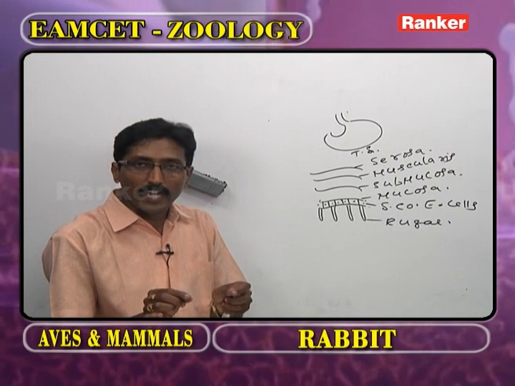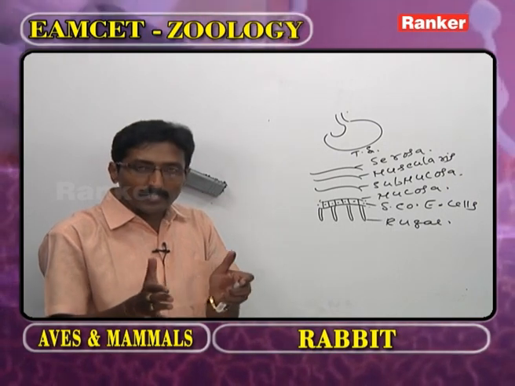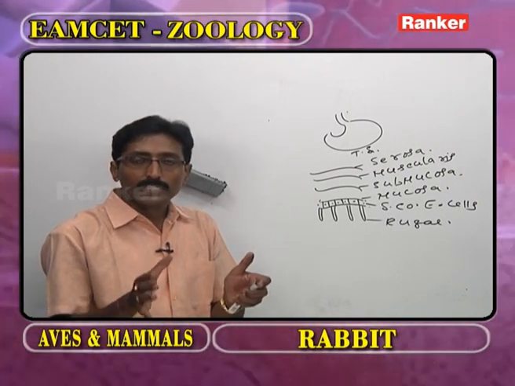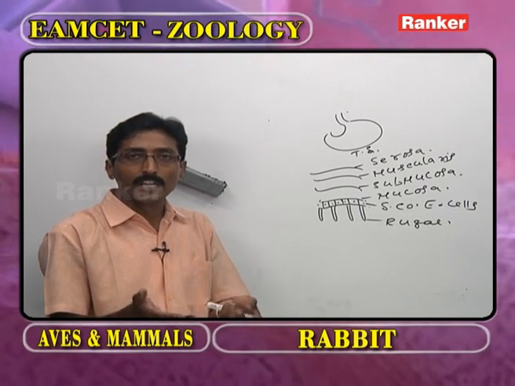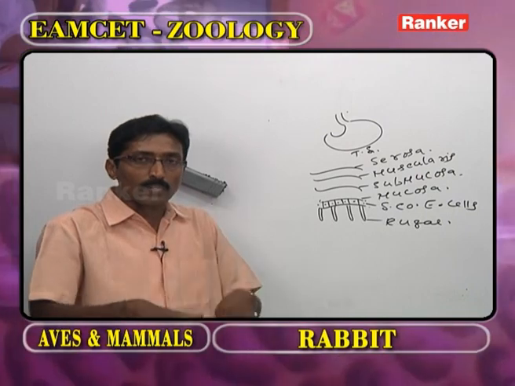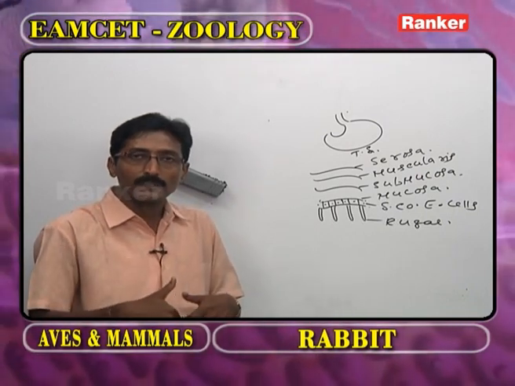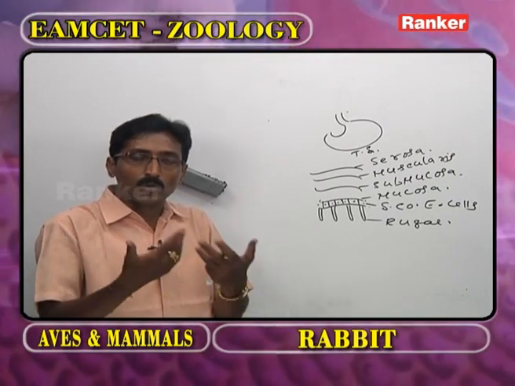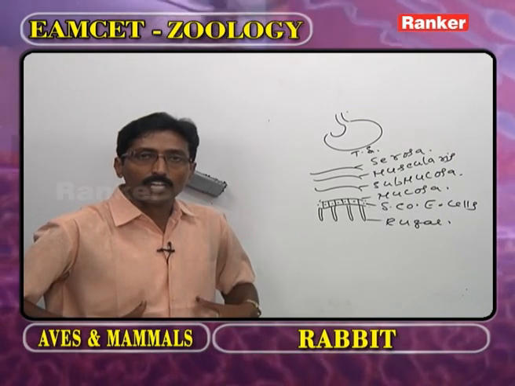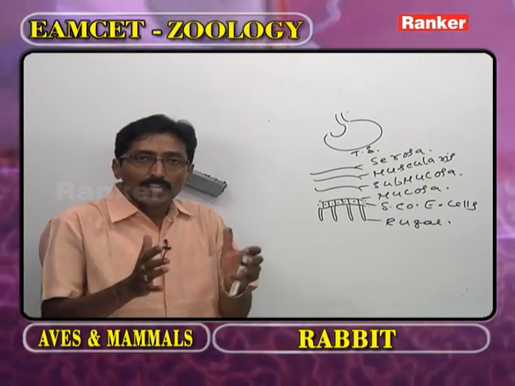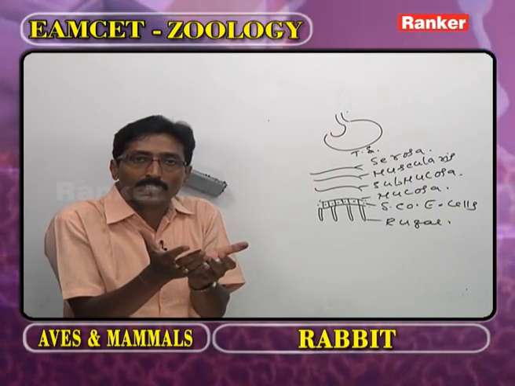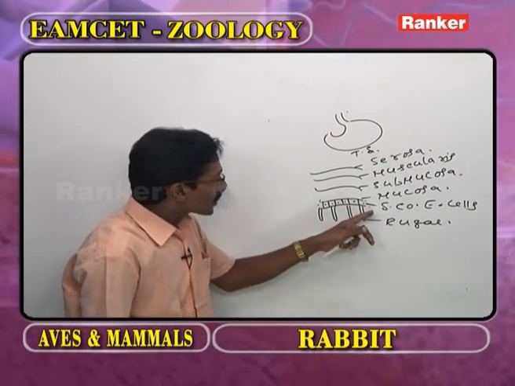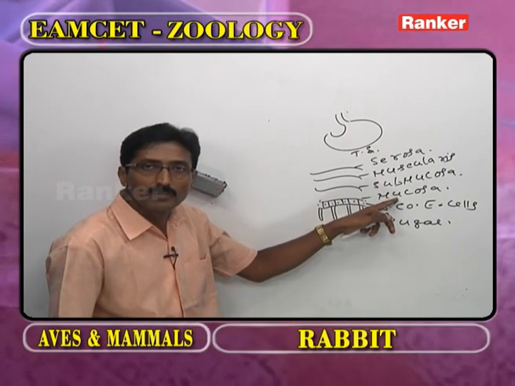The rugae increase the volume of stomach depending upon the amount of food materials. Sometimes we take more and more amount of food materials. If we do, the stomach accommodates such large amount of food materials, because in the stomach the innermost layer is mucosa.